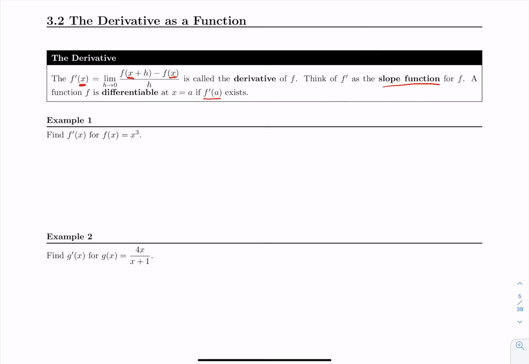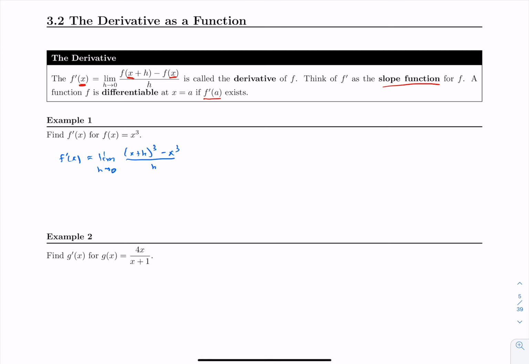So we've seen a few quadratics. This will just have a little more going on, but it'll be very similar to any other polynomial. So f prime of x is going to be the limit as h approaches 0 of f of x plus h, so x plus h cubed, minus f of x, which is just our original, over h.